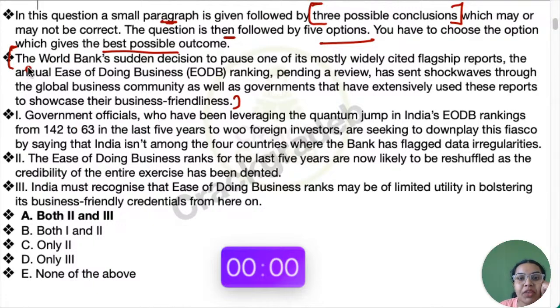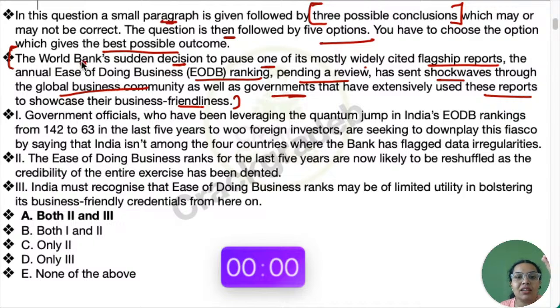Let's do that. The World Bank's sudden decision to pause one of its widely cited flagship reports, the EODB ranking, pending a review, has sent shockwaves through the global business community. There was a decision, and it was shocking to everyone, as well as to governments that have extensively used these reports to showcase their business friendliness. So it was shocking to everyone. We'll go into details later.